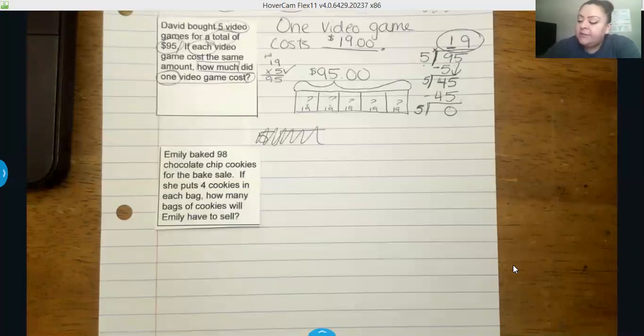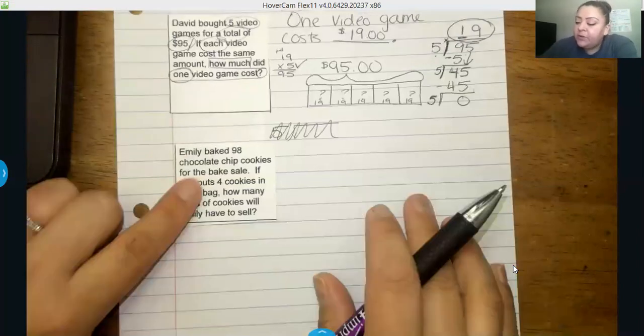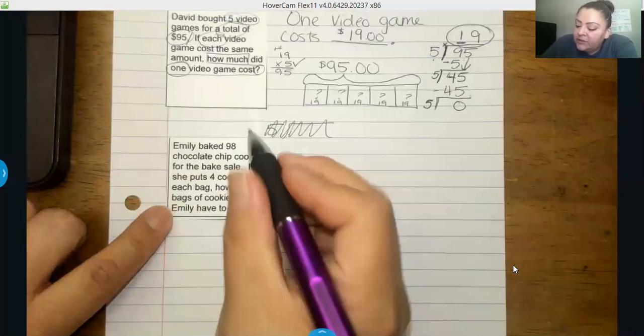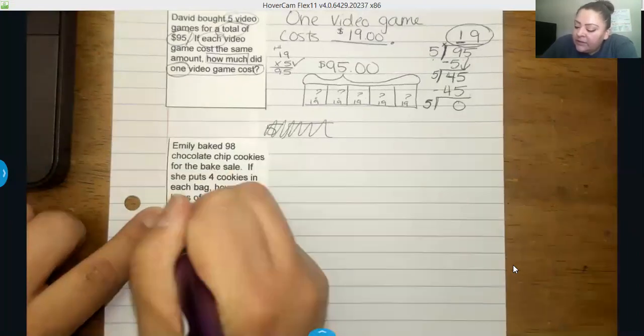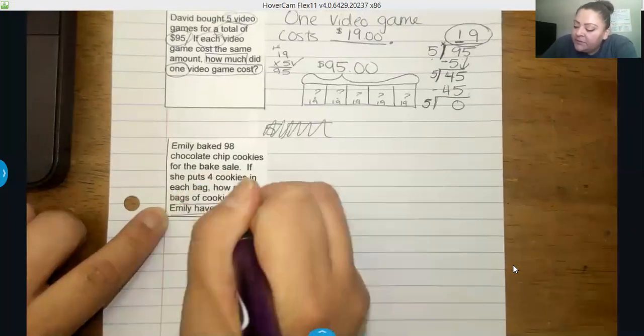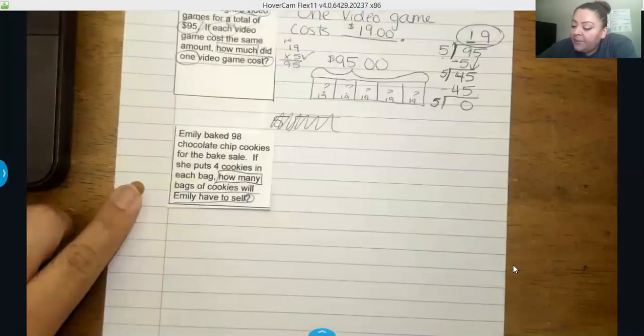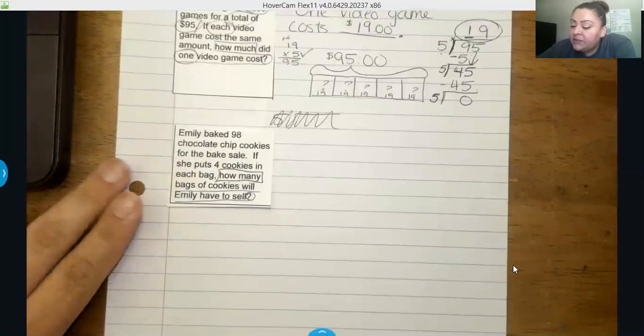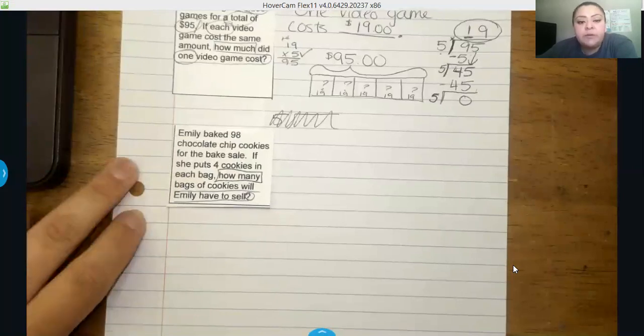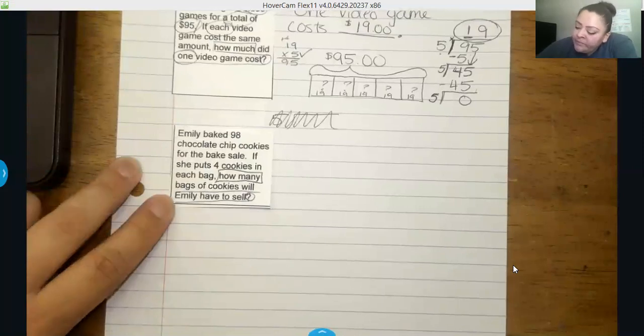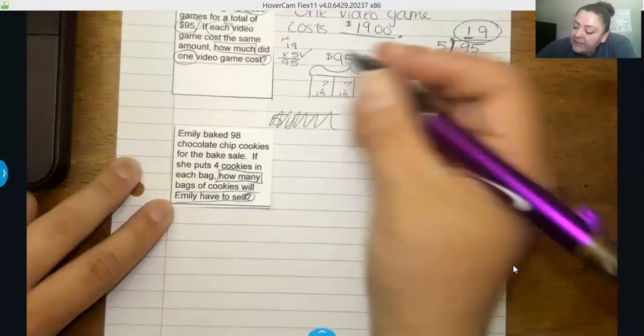So I'm going to look here and start with my Q, which is my question mark. Underline it back to my question word, which is how many, okay? How many bags of cookies will Emily have to sell? So we did our Q, we did our U, now we can do our goal statement for E explaining. Let's see.